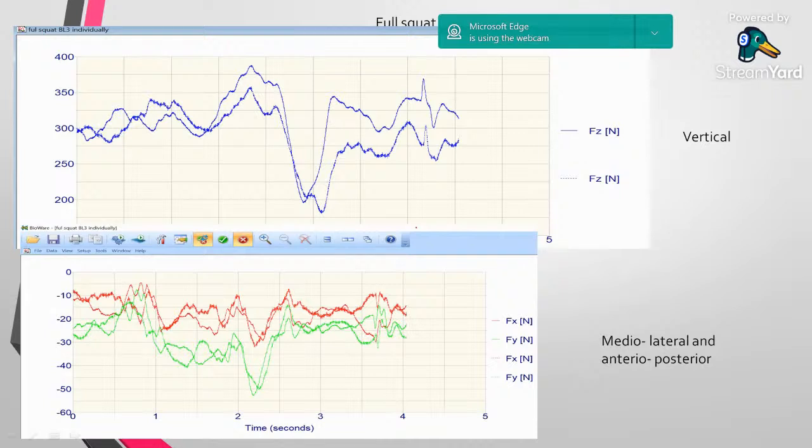But in the counter movement jump, because it is a dynamic movement, the real character of the player will come out. Still, this squat is good for monitoring the progress of the rehabilitation phase.